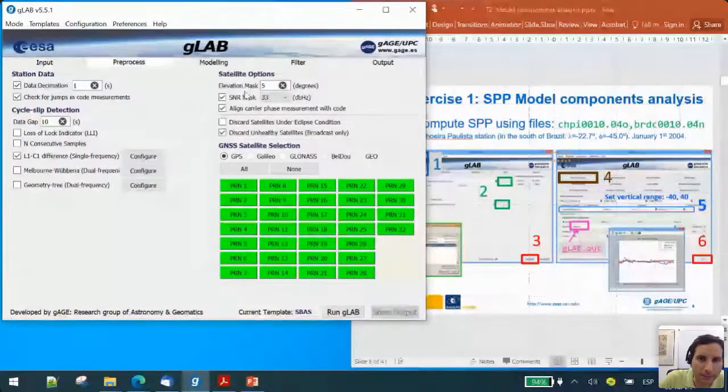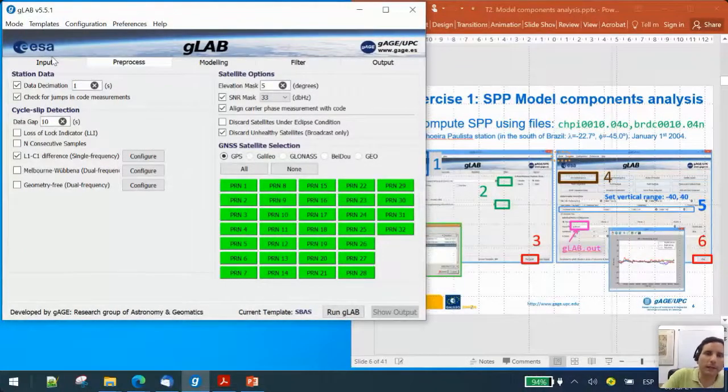Imagine that I am discarding many satellites for whatever reason. Every time that I press the template, the tool will erase my choices and leave the default ones, but then I can again select other options. So be careful. Every time you press the template, you will lose all of your changes.